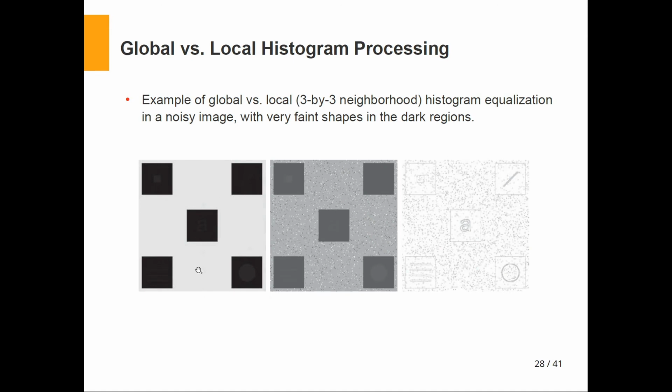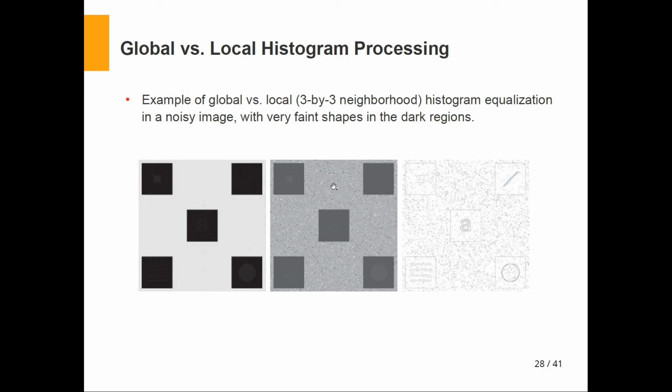So on the left we have an image which is a little bit noisy, but also it has these black regions that also contain some very faint shapes inside of them. Other than this circle, the shape with a different intensity inside this black region is not that visible.